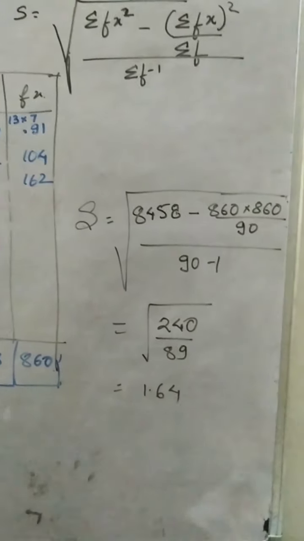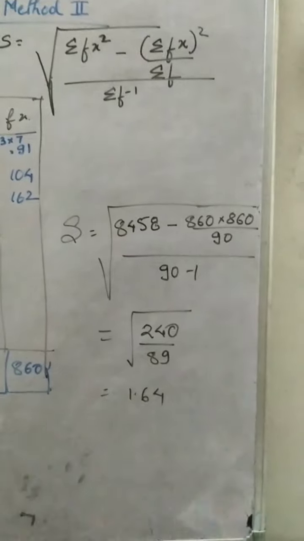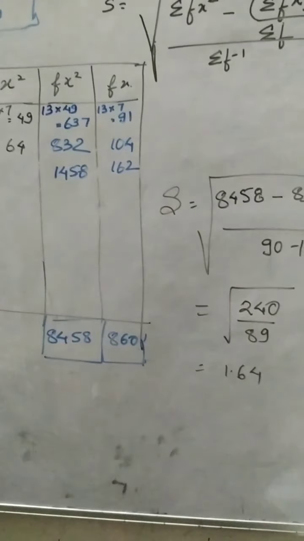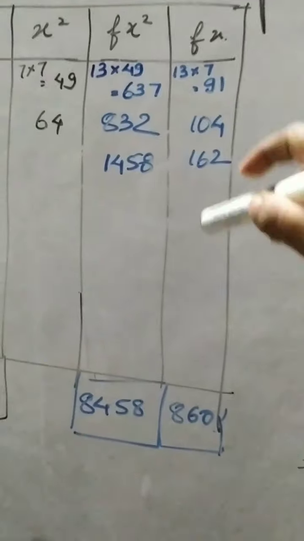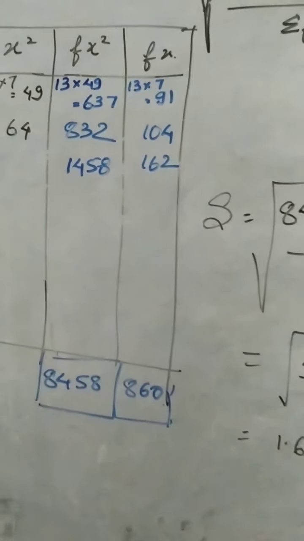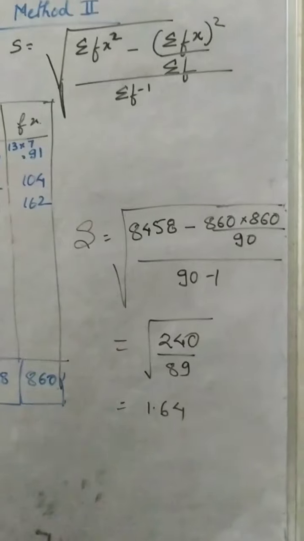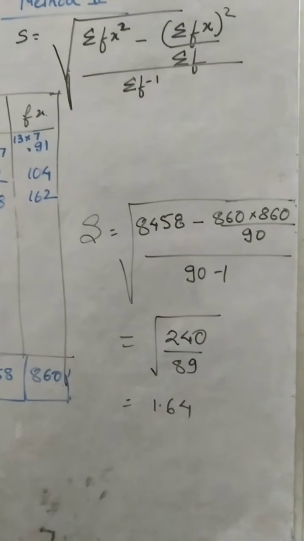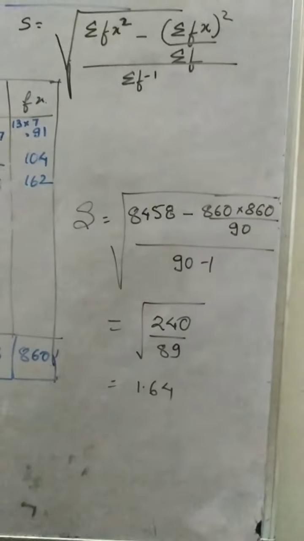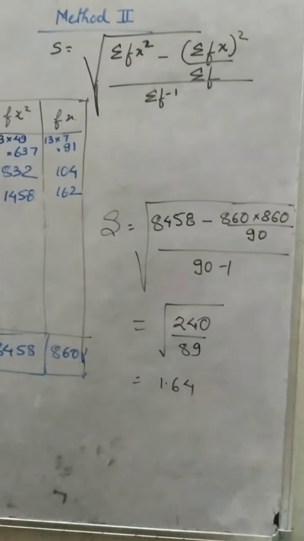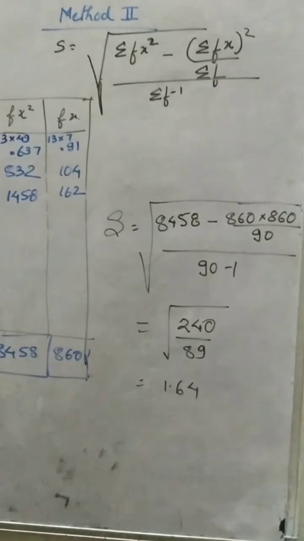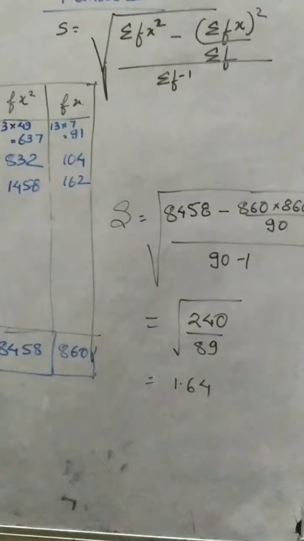Now if we look at the formula, sigma fx square comes to 8458. When we solve all this and put all this in, we will find 8458. And the next is 860, which is to be squared, so it is 860 into 860 divided by 90, which is sigma f, whole divided by 90 minus 1.